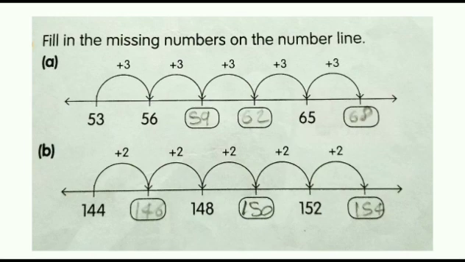In the second question the interval is of 2. When you add 2 to 144 you will get 146, and when you add 2 to 146 you will get 148. So like this you have to find out the interval of how much the numbers are going up on a number line so that you can find the missing number.